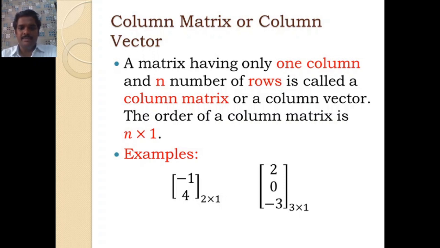Here are the 2 examples. First example is a column vector with 2 rows, and second example is the column vector or the column matrix with 3 rows. We can have similarly a column matrix with 4 rows.